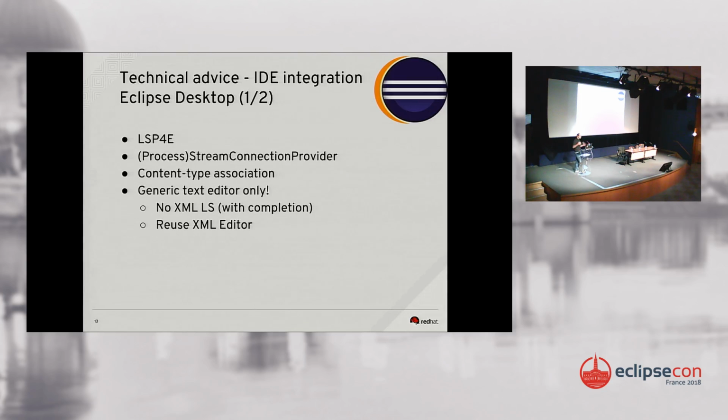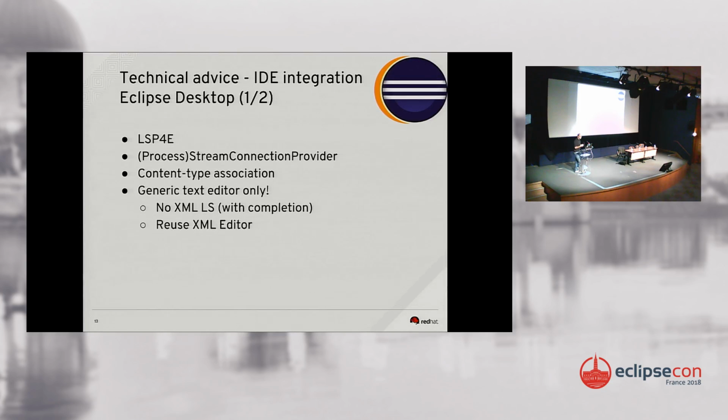They are providing a class which is really easy to use to launch your server and to bind the input-output, which is the process stream connection provider. And after, you just need to do the content type association between what they're calling the generic text editor, which is supporting the language server protocol, and your files.